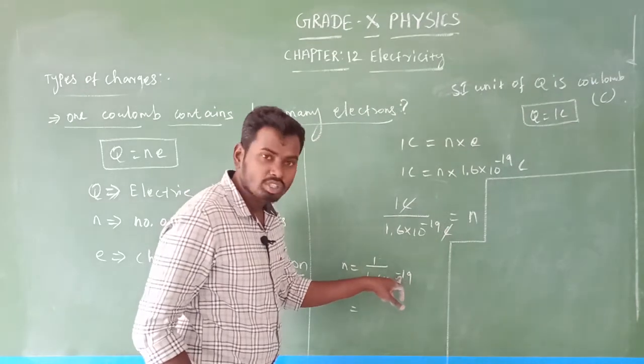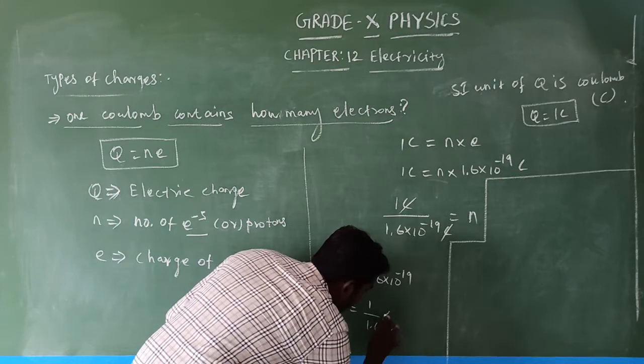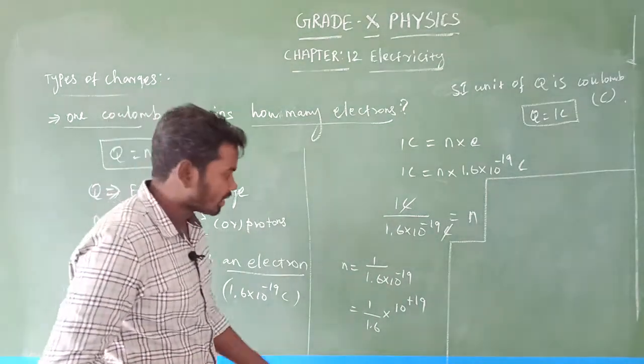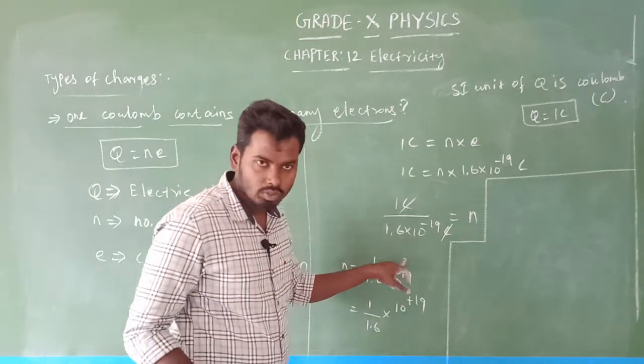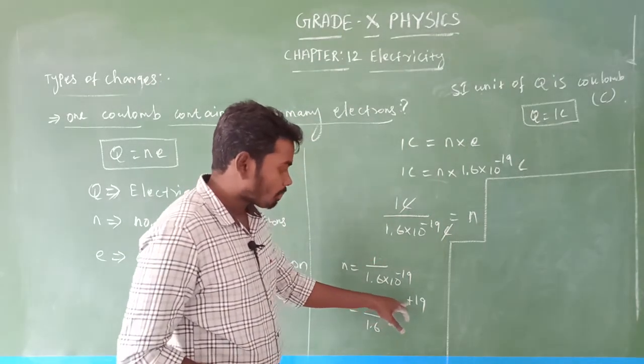The negative changes into positive. So 1 divided by 1.6 into 10 to the power of plus 19, because when the denominator goes to the numerator, the negative sign changes into a positive sign. Already you know very well.